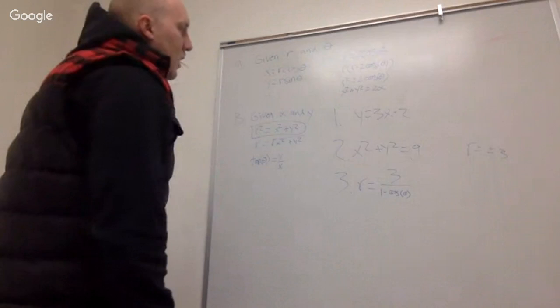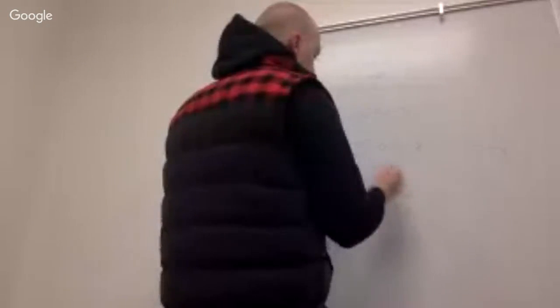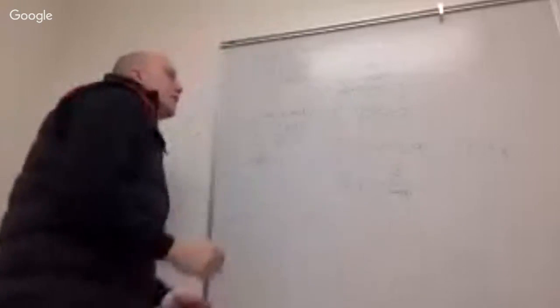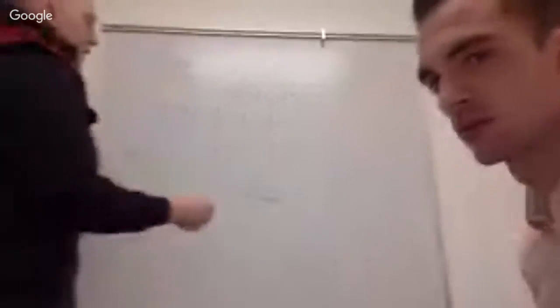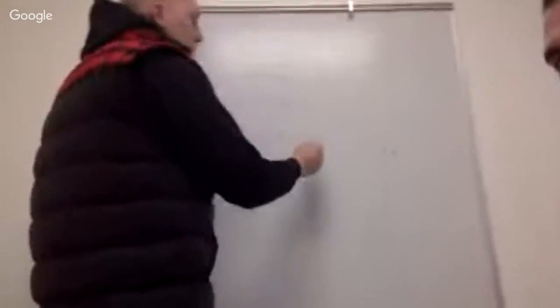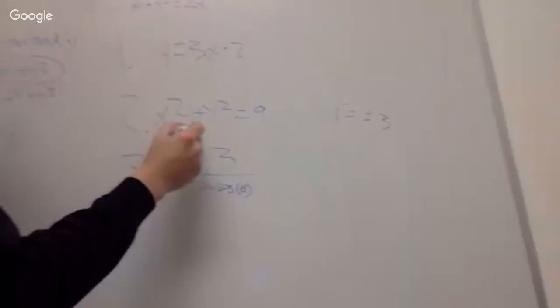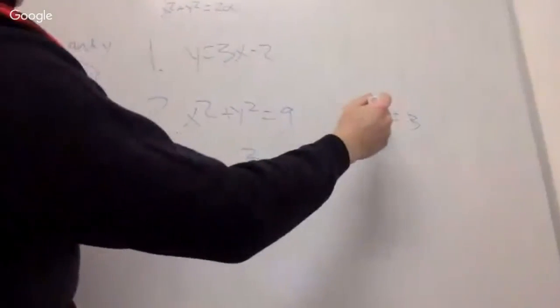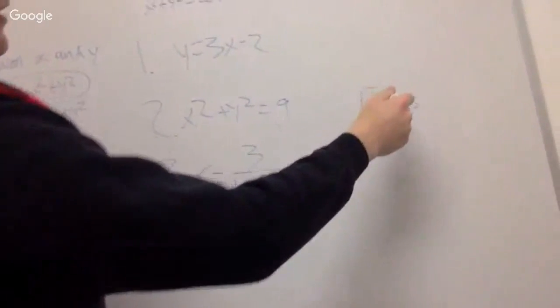Gotcha. But these other ones, I'm not 100% sure. Which one were you able to do, Tanner? This one right here, x squared plus y squared equals 9. The answer is r equals plus or minus 3.